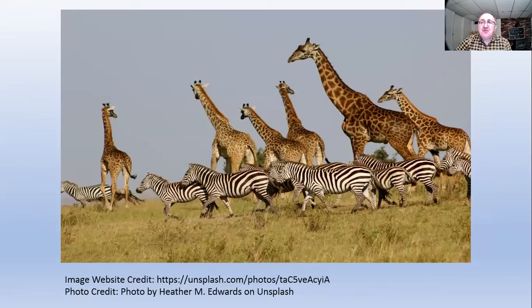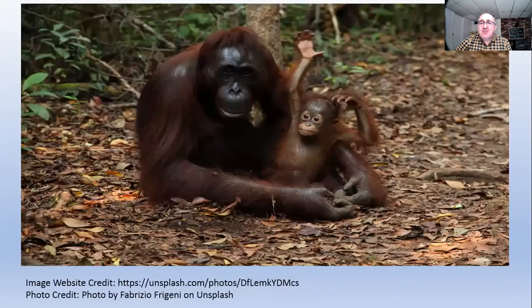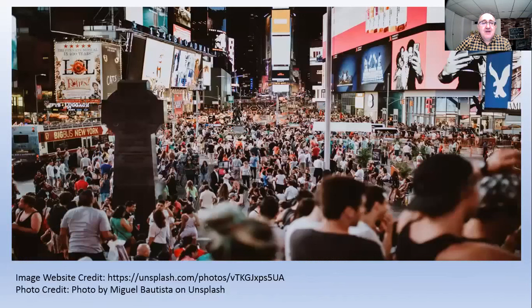Many, many diverse species of animals are over the land surface of the earth. Other primate species such as orangutans. And this is our own species, the many, many human beings that now populate the earth's surface and have created, as you can see in front of us, huge cities with teeming populations of human beings.